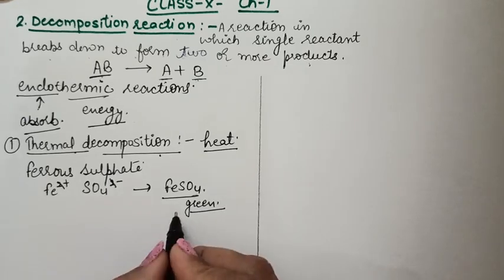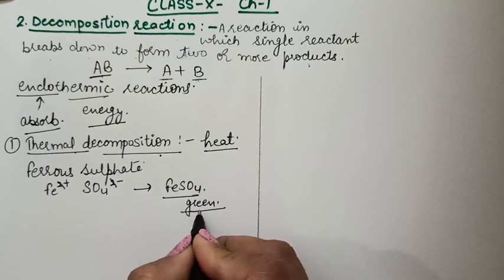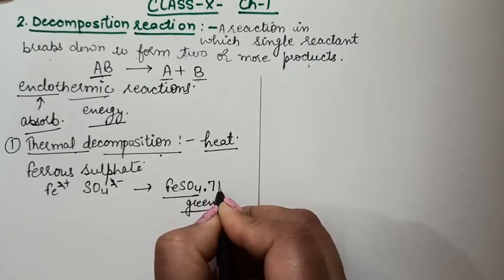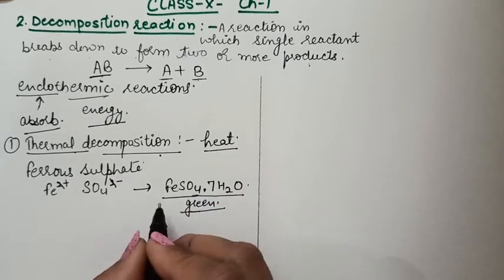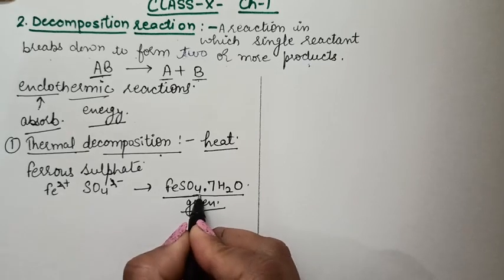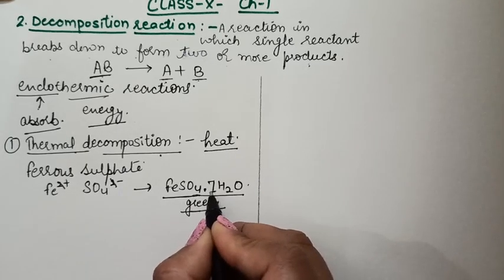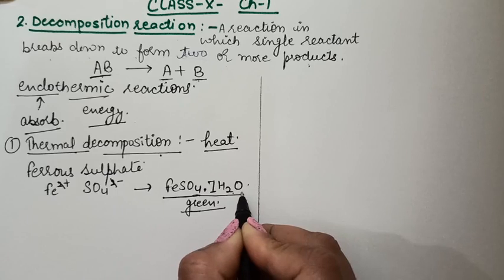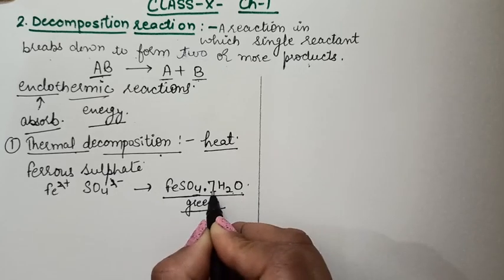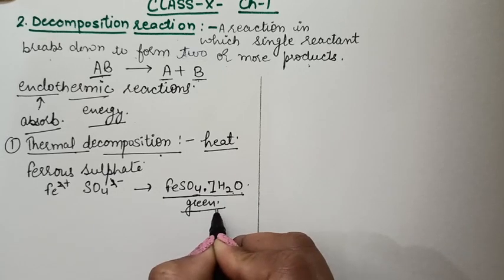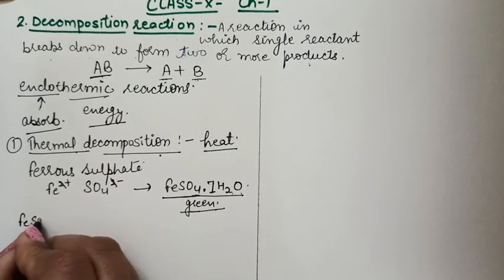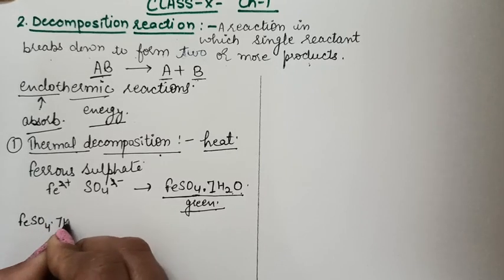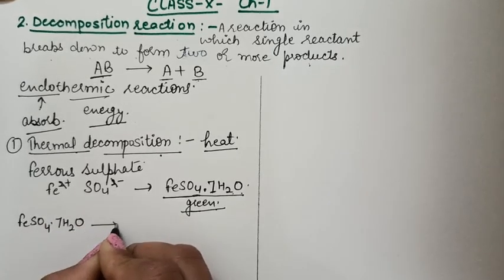Now this green color is due to the presence of 7 water molecules in it. One formula unit of FeSO4 contains 7 water molecules. Due to these 7 water molecules, it is of green color. Now we will heat it. FeSO4·7H2O.